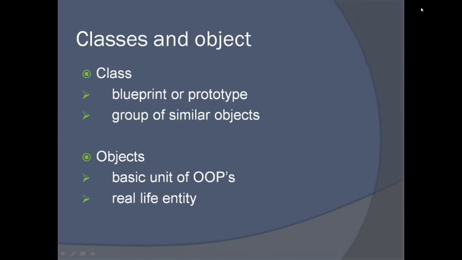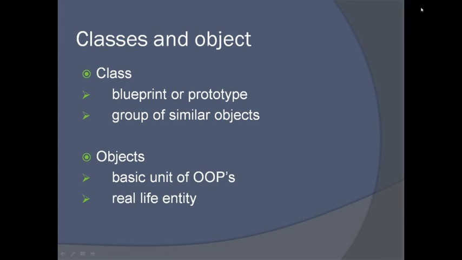Now, what are classes and objects? A class is a blueprint or a prototype from which objects can be created. Also, we can consider it as a group of objects having common properties. Now, what is an object?